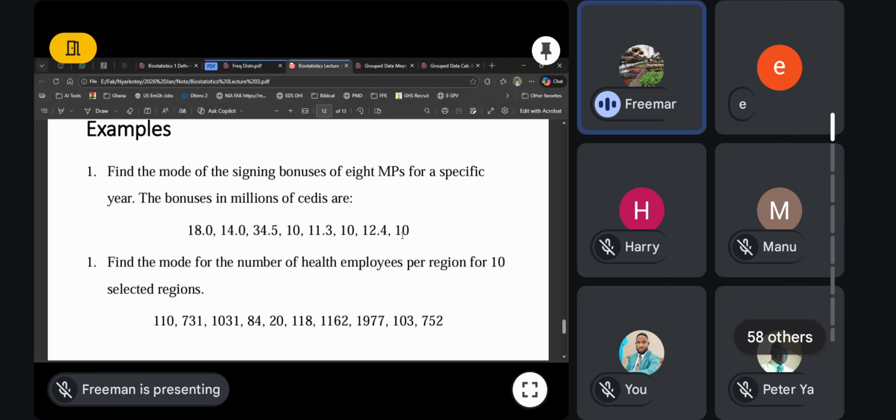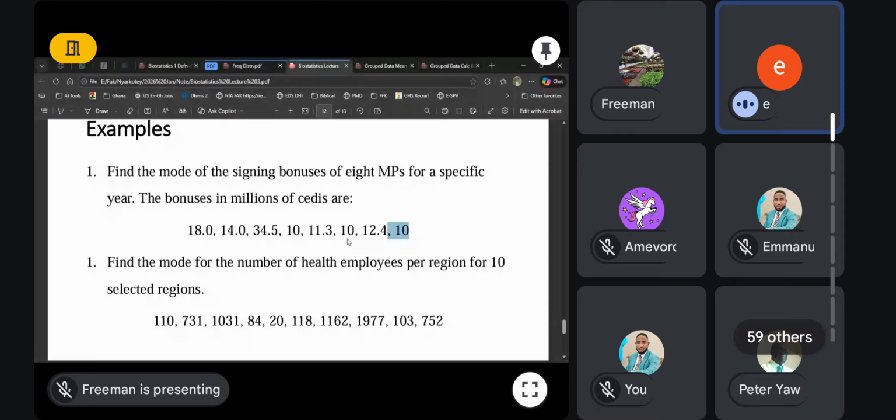Which one is the mode here? 10 million. 10 million is the most occurring. It occurs the first time, the second time, and the third time, whereas all the rest occur less than 3 times.